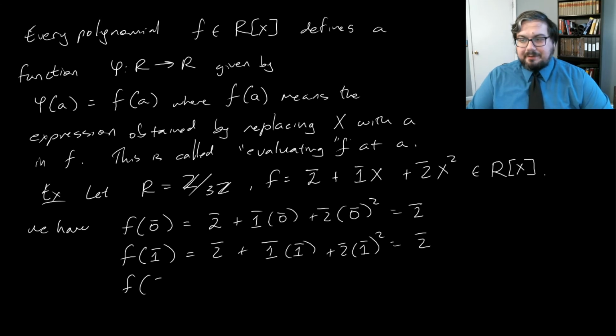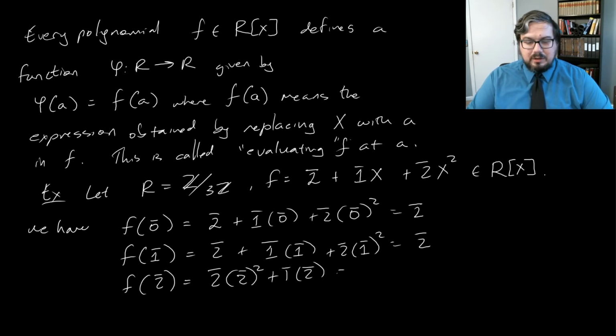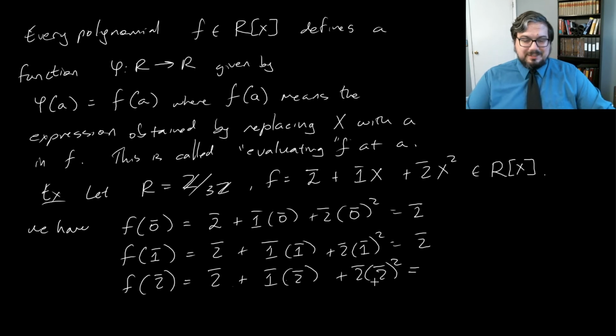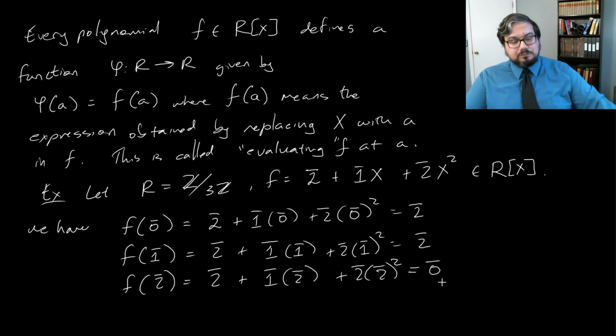And then f of 2 bar is equal to 2 bar plus 1 bar times 2 bar plus 2 bar times 2 bar squared. I wrote this backwards from the way that I had it, let me do this more accurately. So that's going to give us 2 plus 2 plus 8 is 12 bar, which is the same as 0 bar.